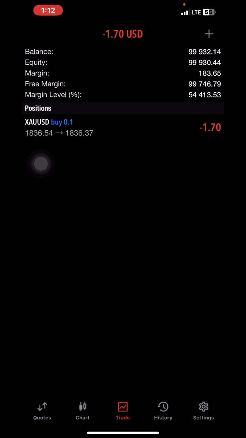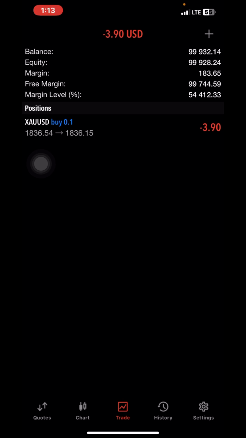I'm buying 0.1 gold, or XAU/USD, at that particular lot size. So it tells me that I need 183 USD to place such a trade. So that's for the margin.